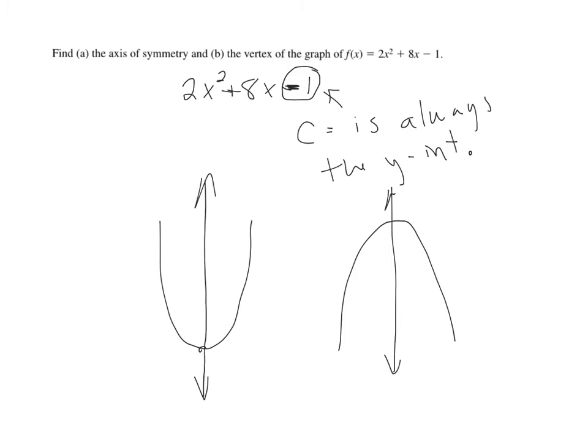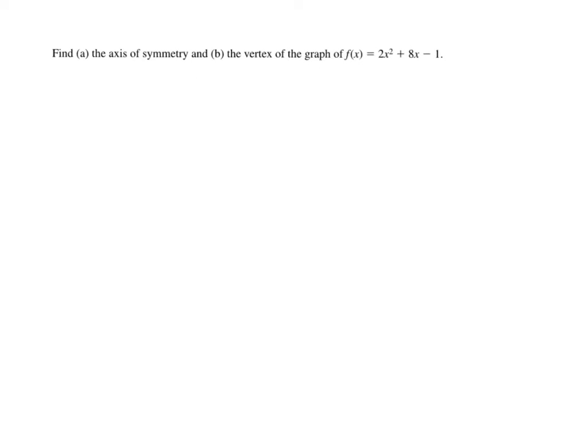Okay? And to find the axis of symmetry, we use a formula. Here is the formula for the axis of symmetry: -b over 2a. That's going to give us our axis of symmetry, or basically our x value.